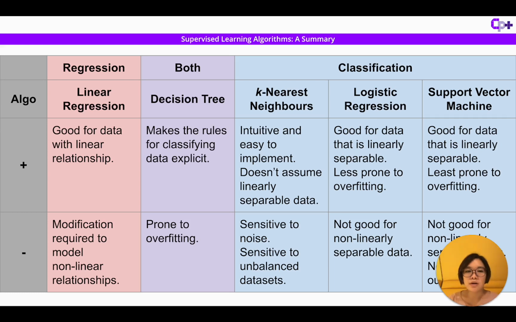So logistic regression works well when it's linearly separable because it can give a very good prediction of whether you're going to pass or fail. Support vector machines is also good for linearly separable data, as you see, because you want to have that boundary line. It's also the least prone to overfitting your data. Again, I'll talk about overfitting in a short while.